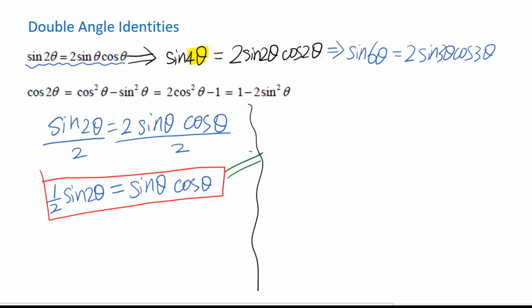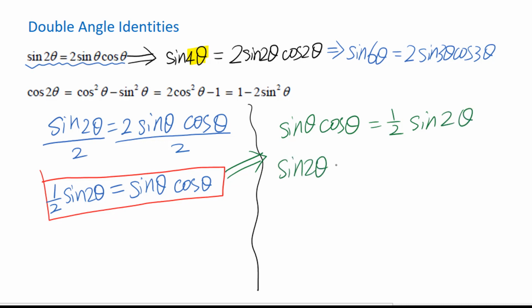And let's analyze this formula. We have sine theta cosine theta equals 1/2 sine 2 theta. What if we have sine 2 theta cosine 2 theta? You will get 1/2 sine 4 theta. Make this angle multiply by 2.